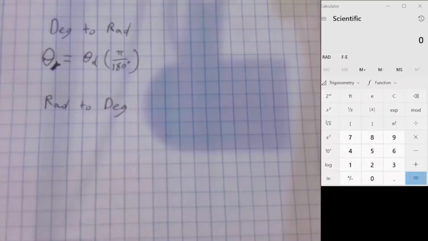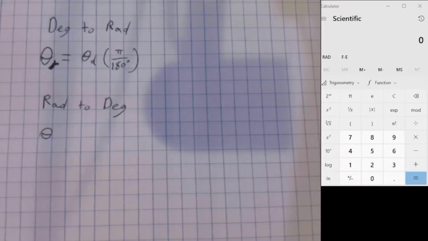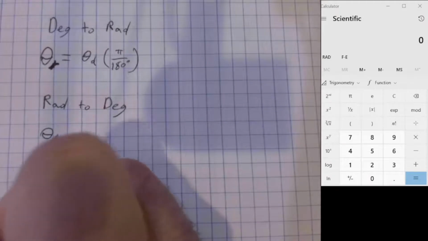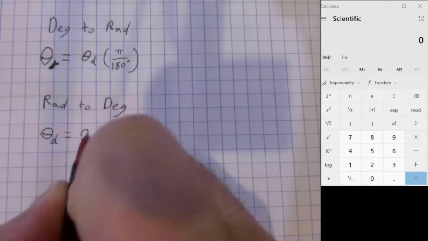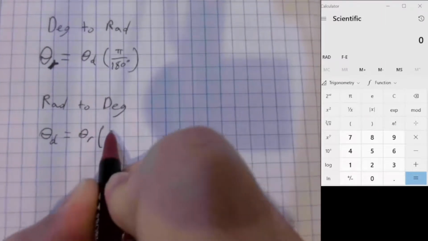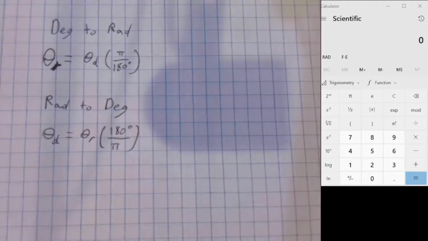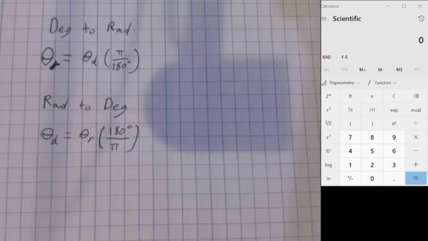If we wanted to go from radians to degrees, our theta d, our angle in degrees, is equal to our theta r times 180 degrees divided by pi. So that's our simple formula to change.